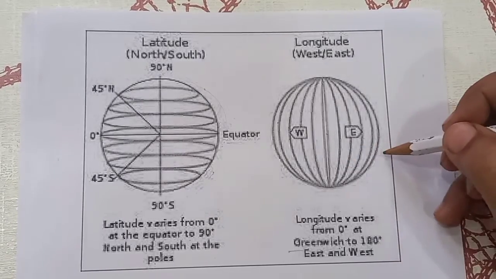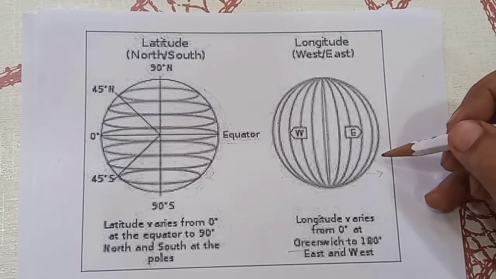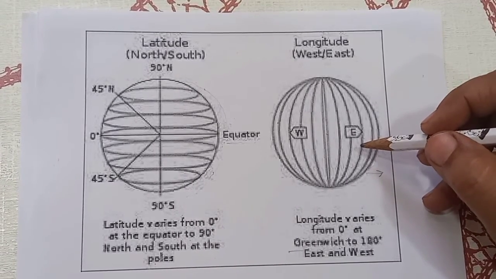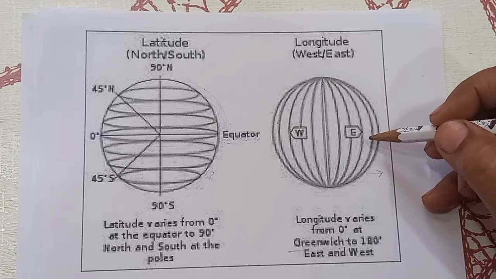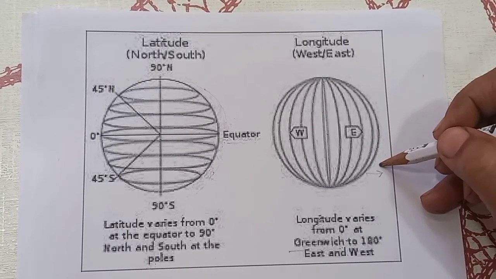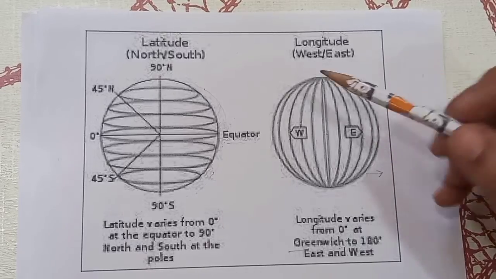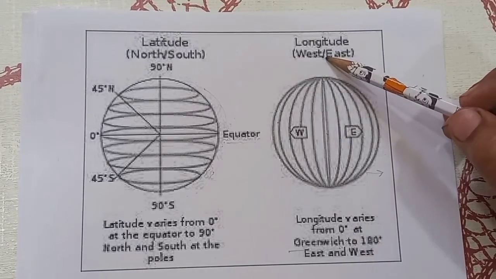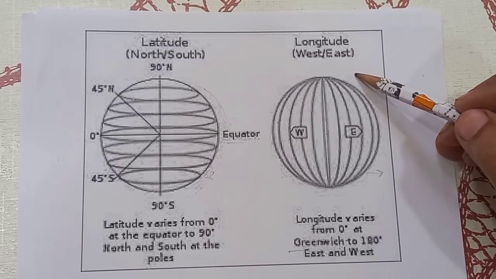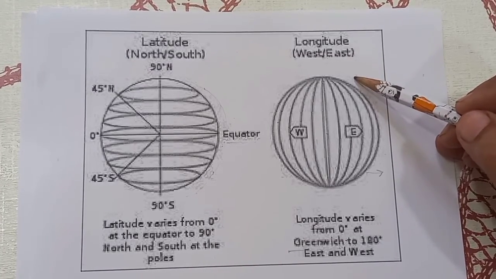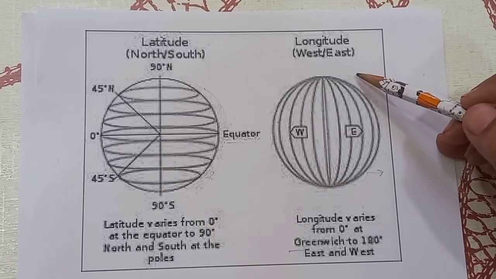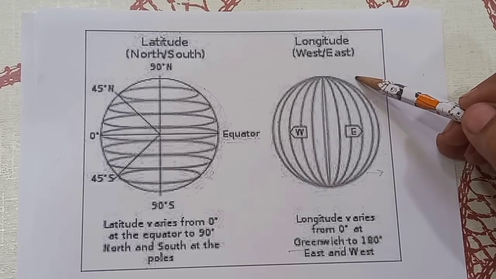And as we move towards the east, the longitudes are denoted as 1 degree east, 2 degrees east, and so on till 180 degrees east. So in this way, latitude and longitude are imaginary lines that help us to locate or study the location of a particular place on the earth.